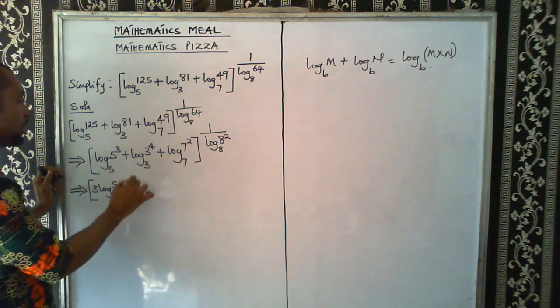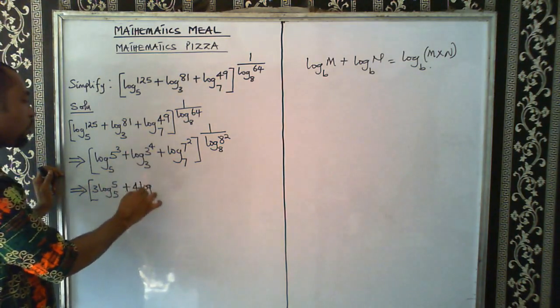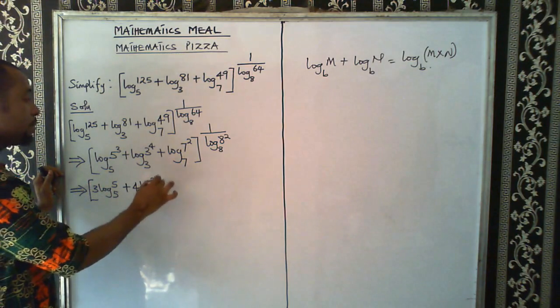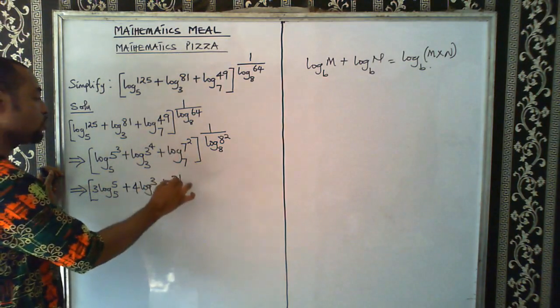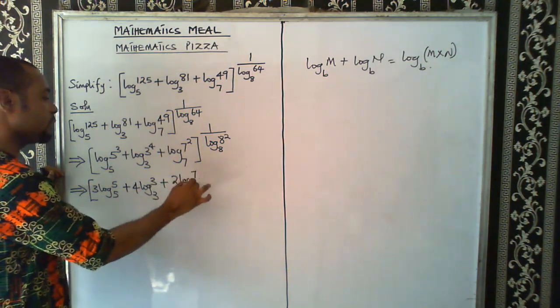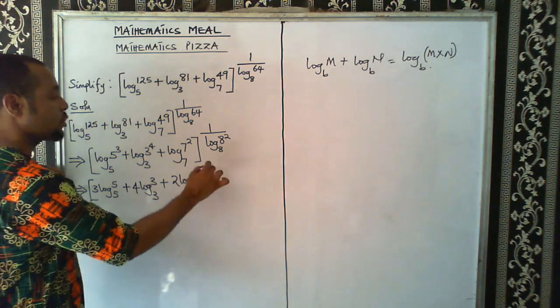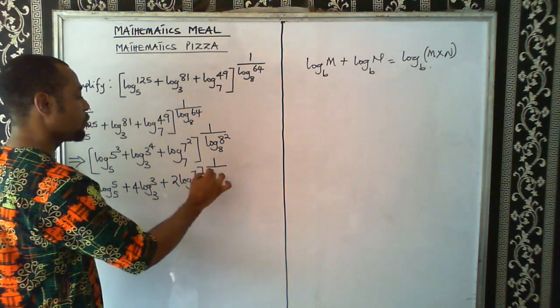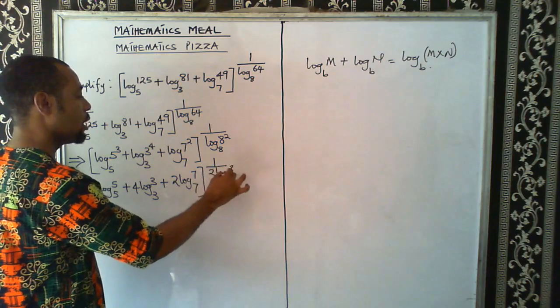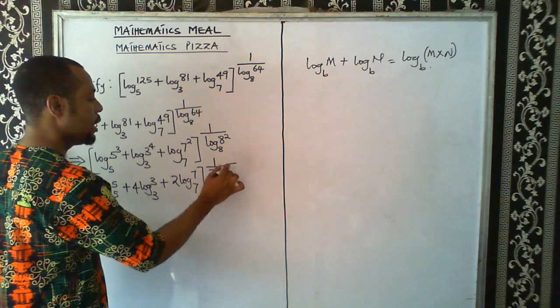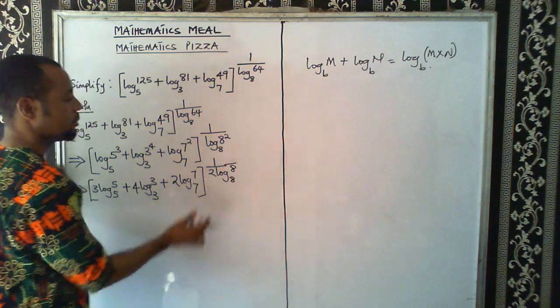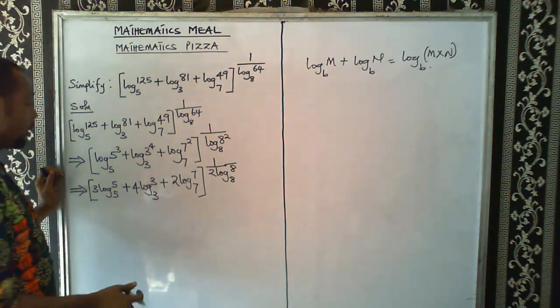So plus 4 log 3 in base 3 plus 2 log 7 in base 7, raised to power 1 all upon 2 log 8 in base 8, applying that same third law here.